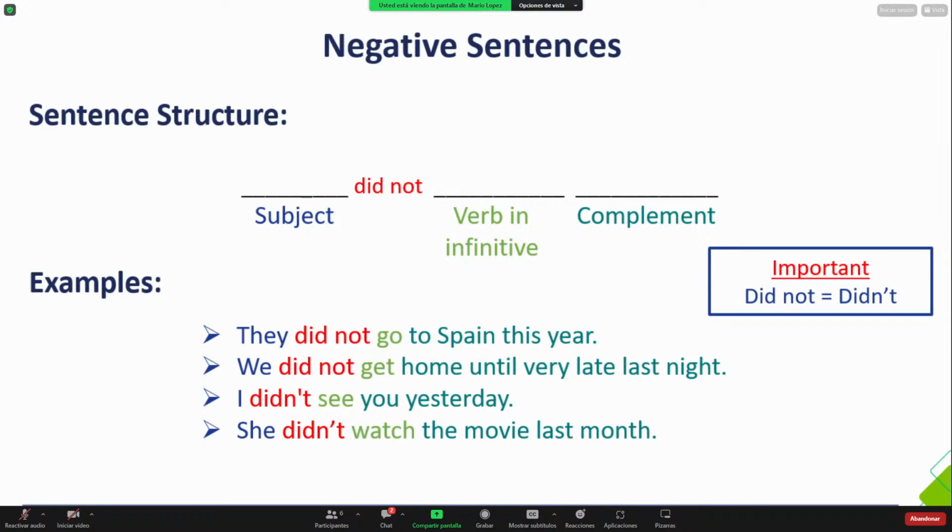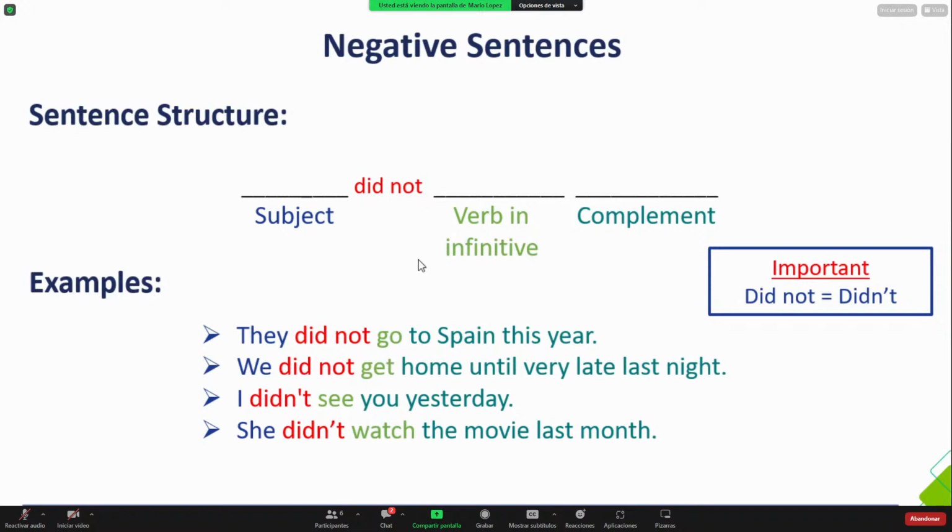If you can notice, I am using the same verbs that in the affirmative sentences. Estoy usando los mismos verbos que en las oraciones afirmativas, para que vean cómo cambia ya aquí en negativas.